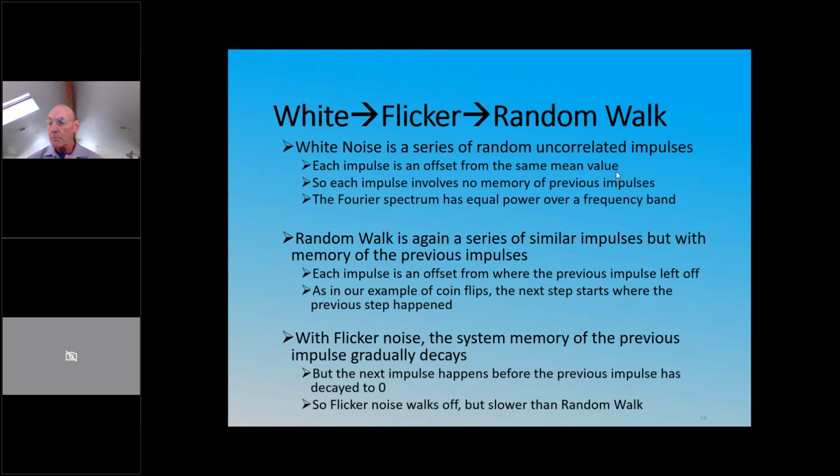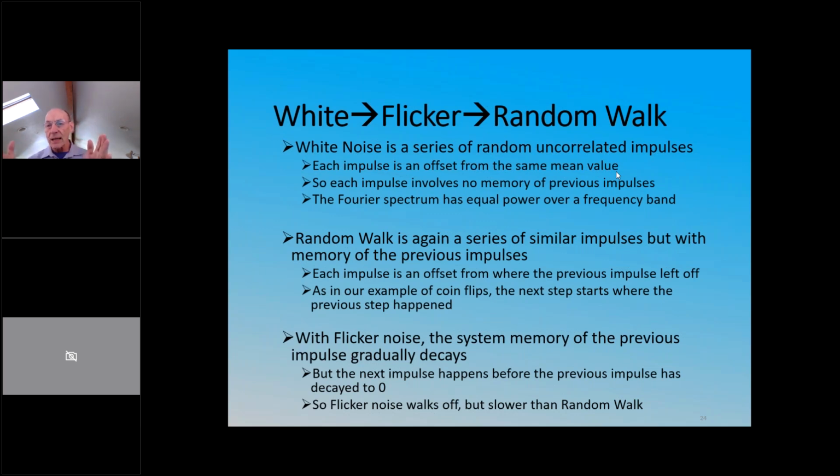A really good example of that is if you have an iron bar and you hit one end of that iron bar with random uncorrelated changes in temperature. The temperature propagates down the iron bar, but as it goes down the bar, it radiates some of that temperature, so it forgets what the impulse was at the end where it's being changed.